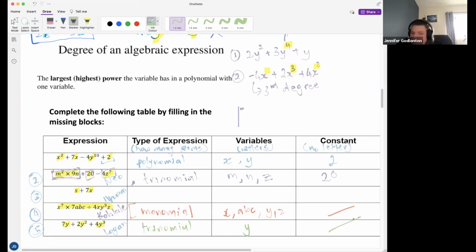Okay. Illy says you have decided to chat. So let's go through your answers. So I'm just going to get a different color happening up here. Orange. Okay. Illy, for question 3 over here, what type of expression is this?